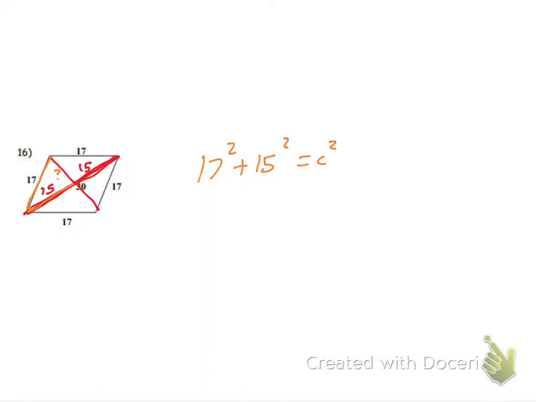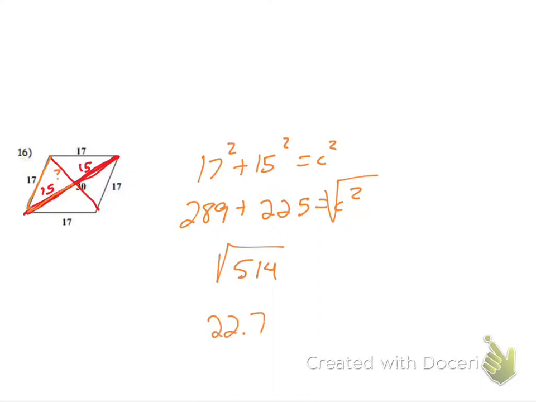So 17 squared is 289 plus 15 squared is 225. So 225 plus 289 is equal to 514. And then I need to take the square root of that to get what c is. And that would be 22.7, I believe.